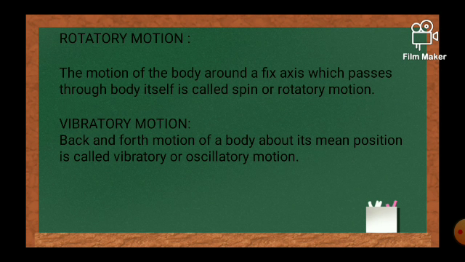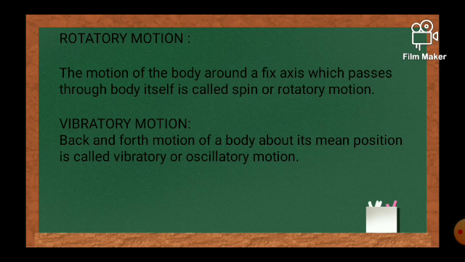It is not moving forward or backward. It stays in its fixed axis and moves around in a circular motion. This is known as rotatory motion, or you can take the example of a spinning top.